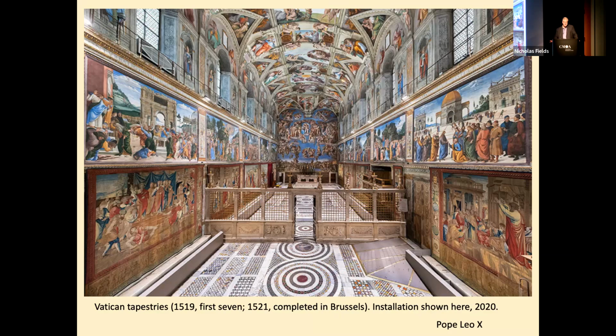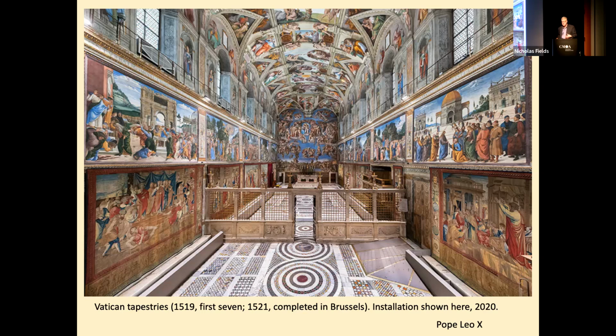The weaving of the first set of tapestries based on the cartoons, and others that followed, was done in Brussels. The so-called Vatican tapestries are normally shown in the Vatican museums within the Vatican complex and are only on rare occasions shown in the Sistine Chapel.